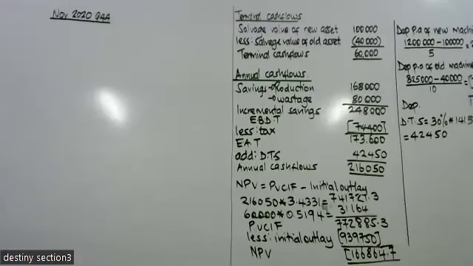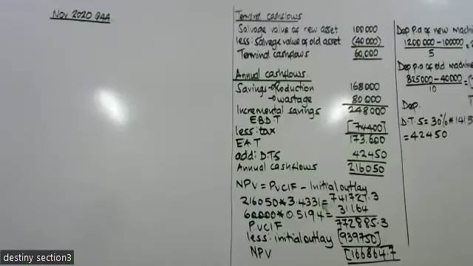To support the increased business resulting from purchase of the new machine, accounts receivable will increase by Kenya shillings 250,000. Inventories and accounts payable shall increase by Kenya shillings 200,000 and 300,000 respectively. At the end of 5 years, the new machine will be sold for Kenya shillings 250,000.